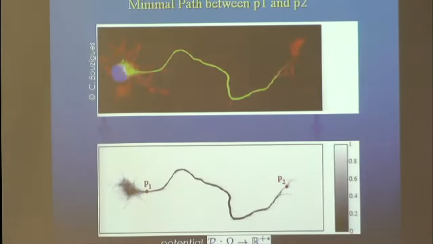So now let's see what it means on a simple image. You have here a neuronal image from which you extract some potential related to here the green channel on the image, and given a starting point P1 and end point P2, you're looking for a minimal path according to the potential shown here, which means that it has to be the darkest possible.